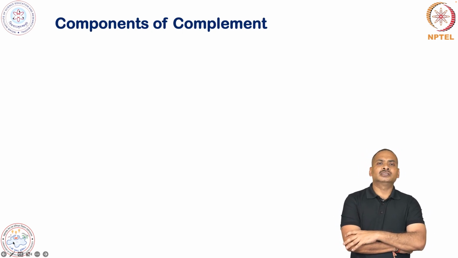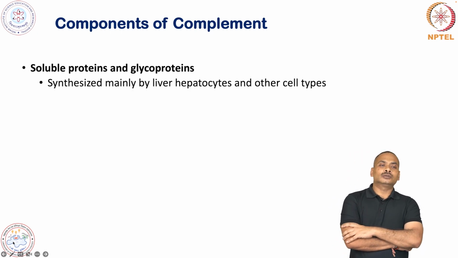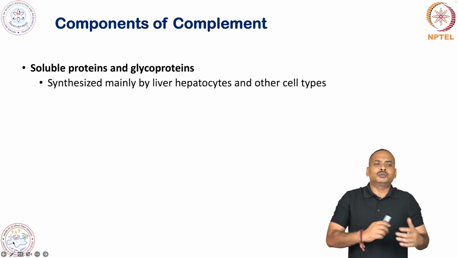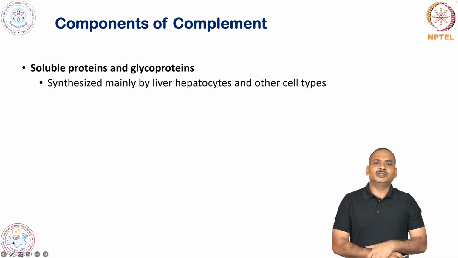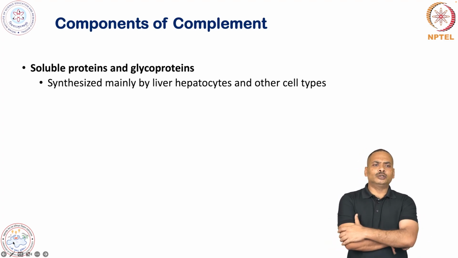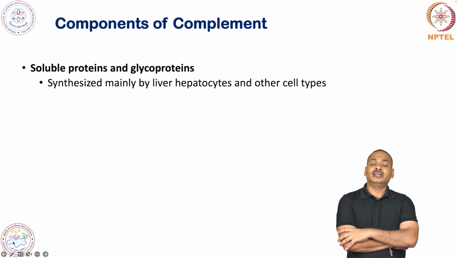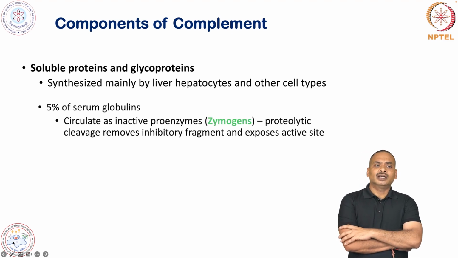Now let's look at the components of complement. Complement is basically a group of proteins which are present in zymogen form, in inactive form. These are proteins or glycoproteins synthesized mainly in the liver and other cell types, and complement is 5% of serum globulin.